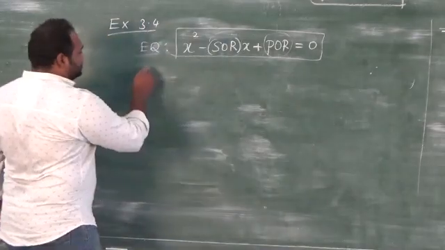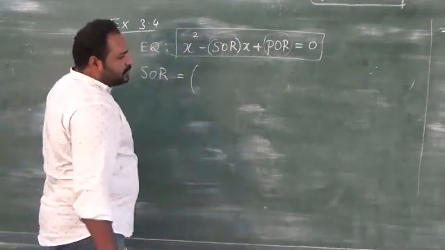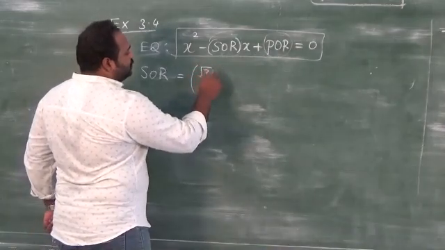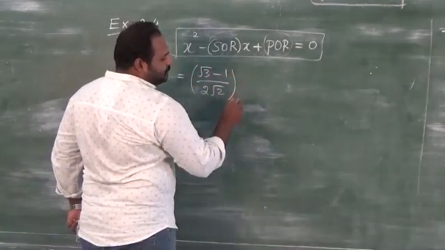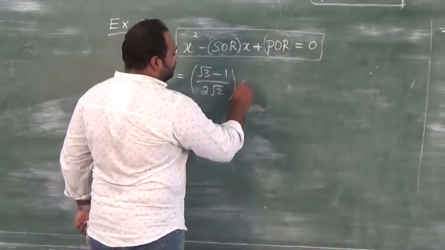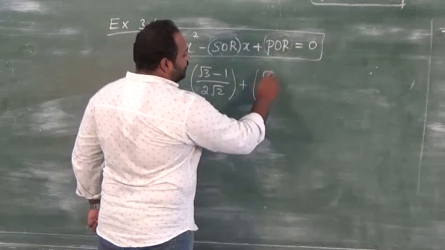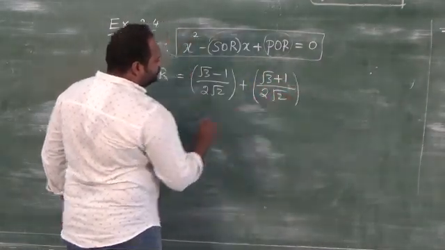Sum of the roots first. What are the roots? Root 3 minus 1 by 2 root 2, and root 3 plus 1 by 2 root 2.